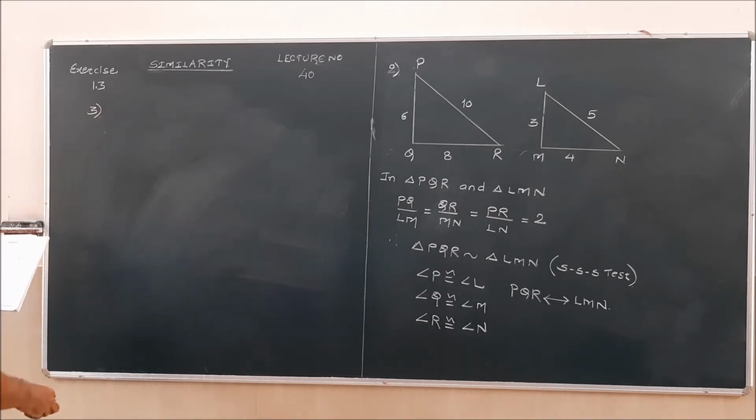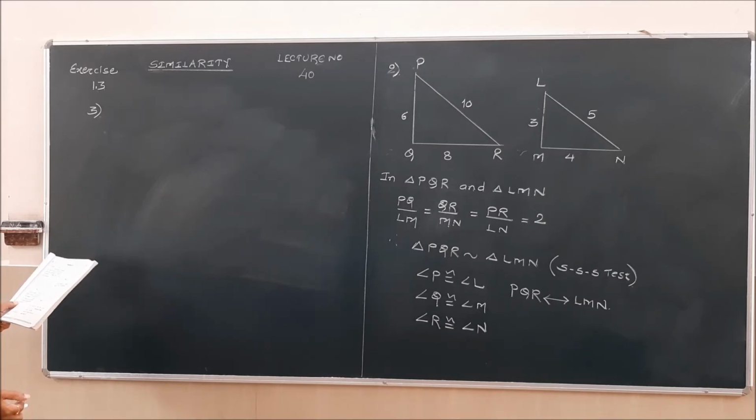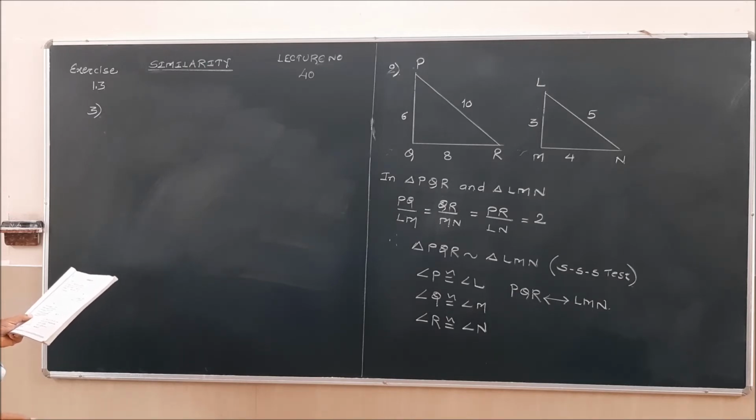Two poles of height 8 m and 4 m are perpendicular to the ground. If the length of the shadow of the smaller pole due to sunlight is 6 meters, then how long will be the shadow of the bigger pole at the same time?